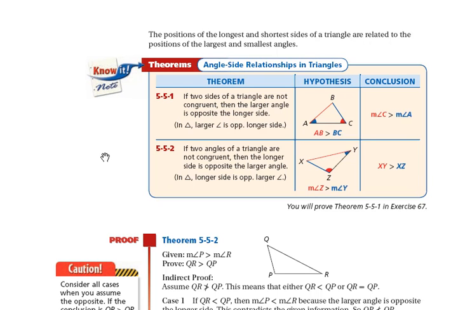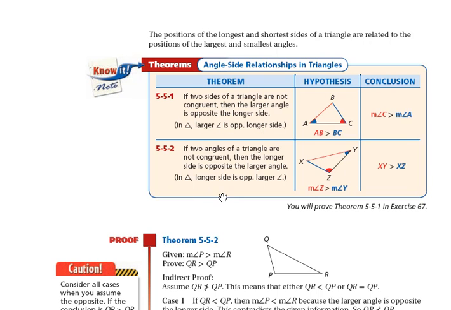What this leads to here is some other angle-side relationships in triangles. A couple of theorems here. Theorem 5-5-1: if two sides of a triangle are not congruent, then the larger angle is opposite the longer side. So basically in a triangle, the larger angle is opposite the longer side.